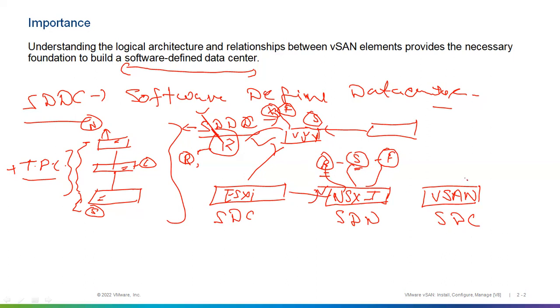In the same way, all my storage functions are managed by vSAN. We'll keep discussing and slowly you'll get more details. But just for reference, the software-defined data center is primarily made up of three components: software-defined compute, that is VMware vSphere; software-defined network, NSXT; and software-defined storage, SDS, which is my vSAN. Okay.